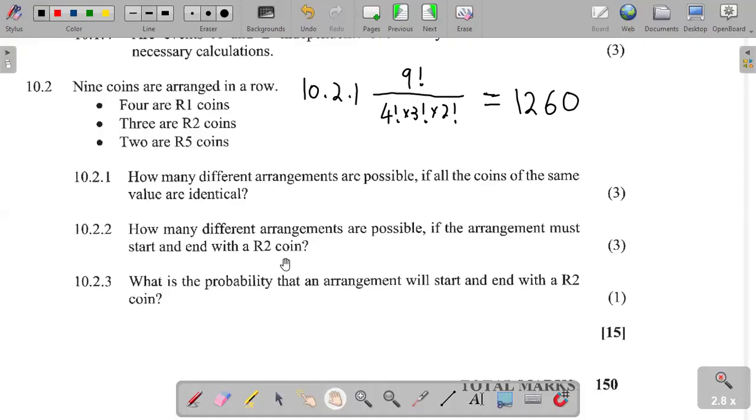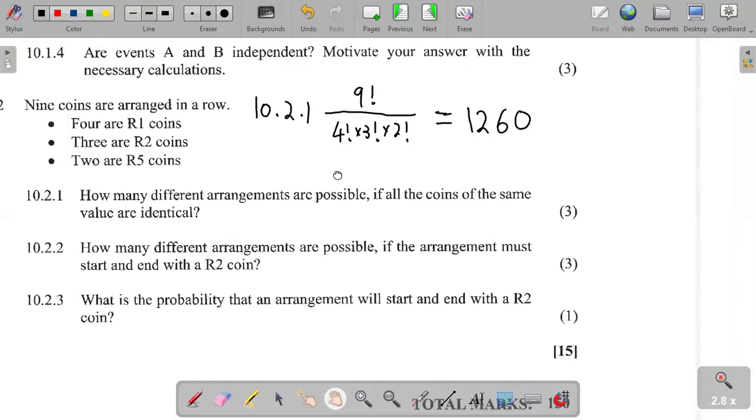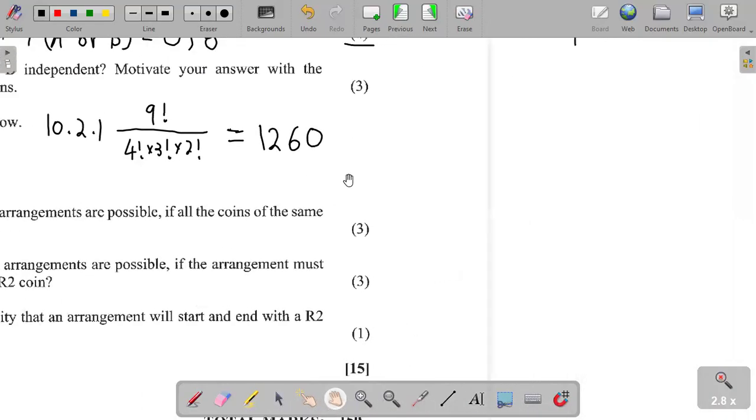With a 2 rand coin. So the factorial here is not going to be a 9 anymore. So if it must start and end with a 2 rand coin, 10.2.2, what's going to happen?